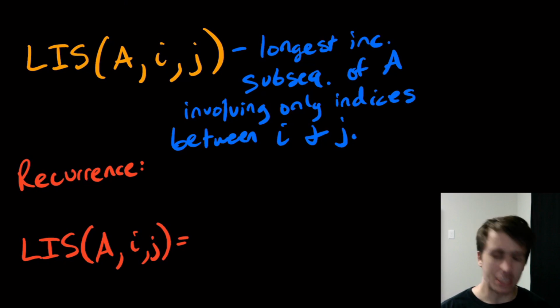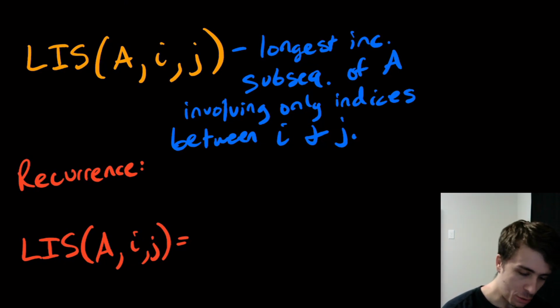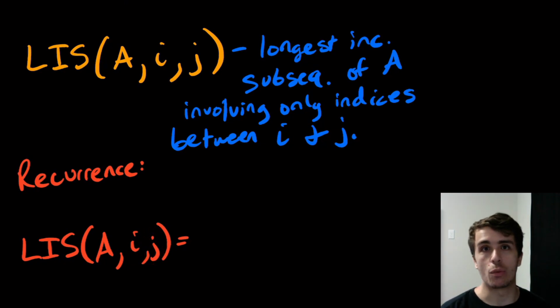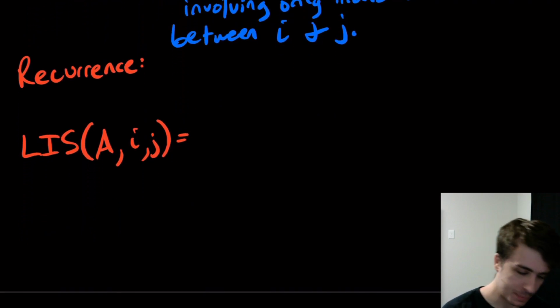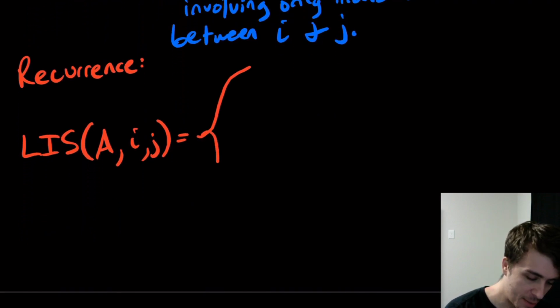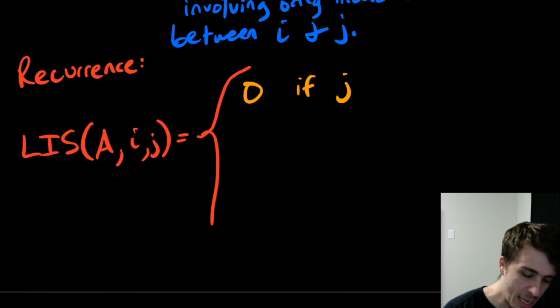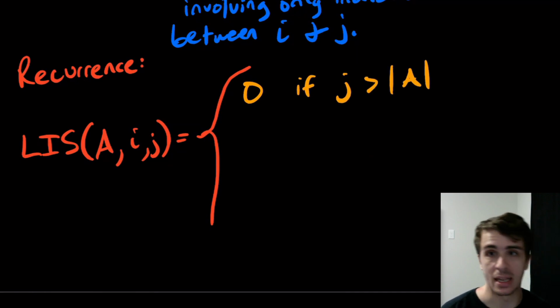Well, there's something that's pretty obvious. If j is past the end of the array, then we're going to say that it's 0, because it's not a defined index. So it's 0 if j is bigger than the array's length, so if j is an incorrect index.